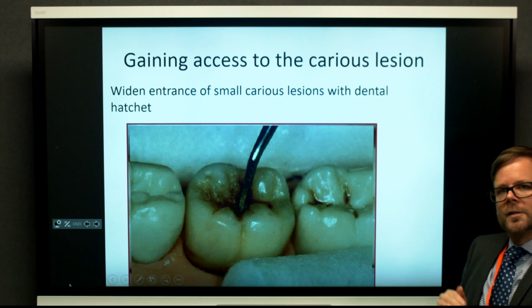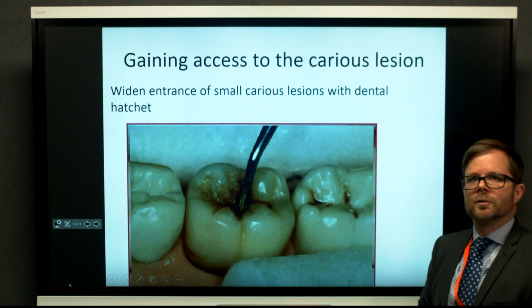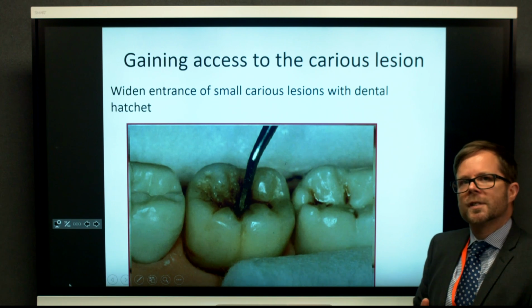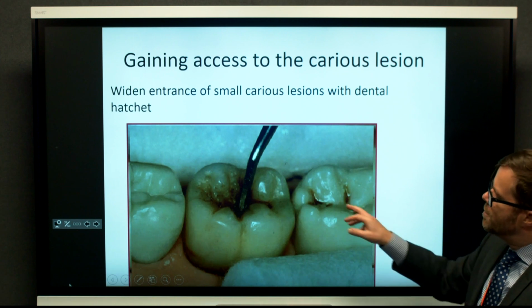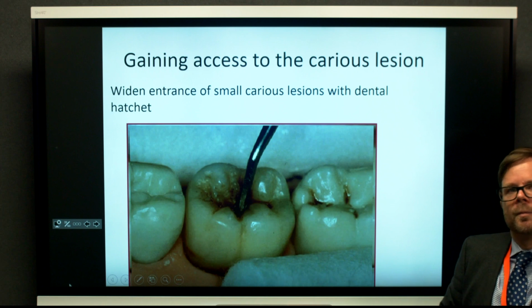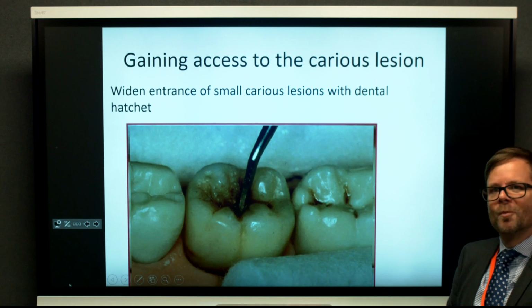The next thing that's occurring is access to the dentinal cavity, to the dentinal caries. So you need to widen the entrance into the cavity. That involves removing the enamel that is lying over the dentine. Now in large cavities that will be relatively easy.